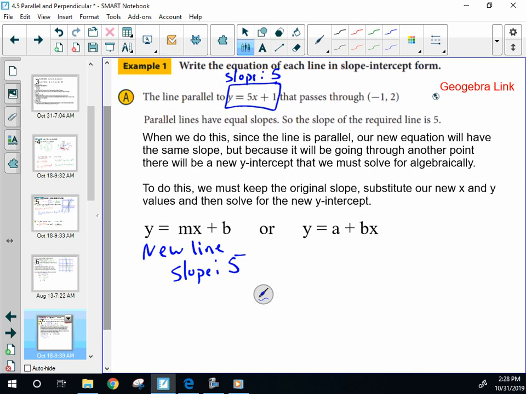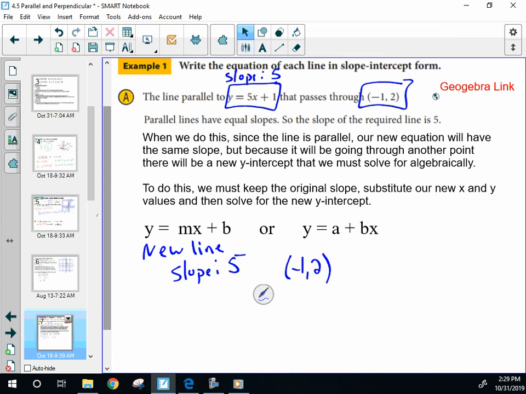The y-intercept's not going to be the same. The y-intercept's going to change. I don't know the y-intercept of my new line, but what I do know is it passes through the point (-1, 2). So my new line has a slope of 5 and goes through the point (-1, 2).